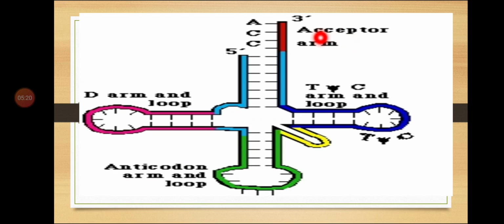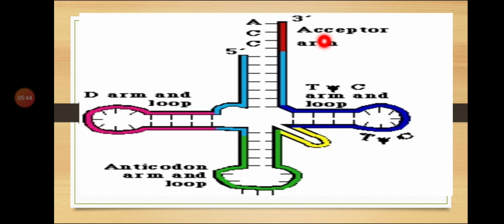This is the amino acid binding site, to which amino acids bind. For every amino acid, there is a specific tRNA.